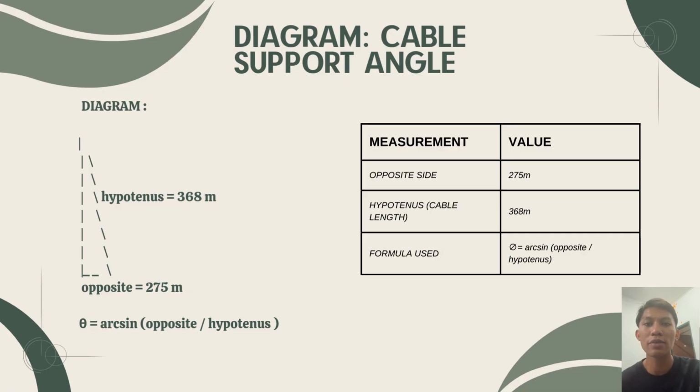To find the angle between the cable and the ground, we use theta equals arcsin of opposite divided by hypotenuse. By substituting the values, we can determine the exact angle formed by the support cable. This calculation helps us understand how steep or how stable the cable support is when attached to the structure.